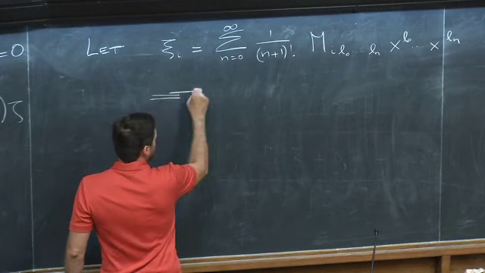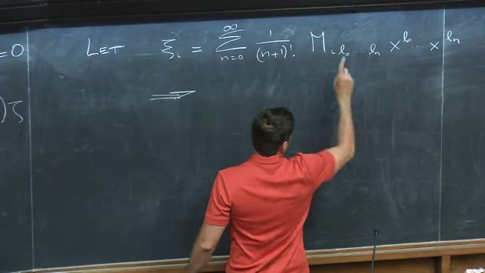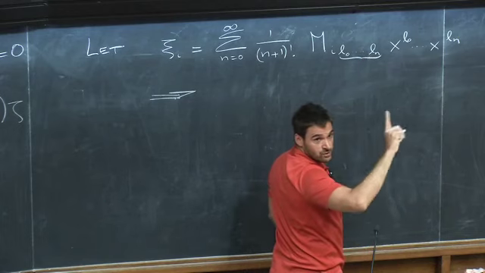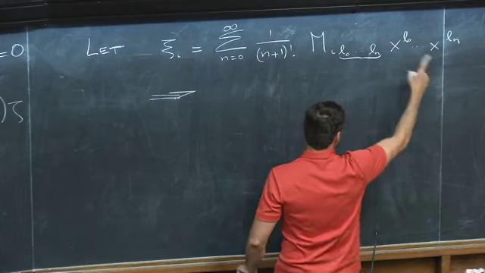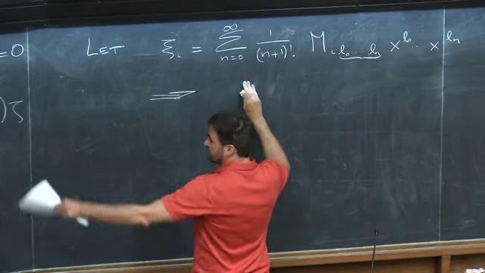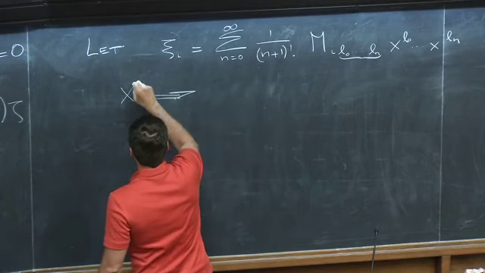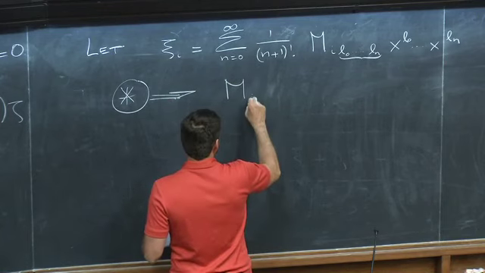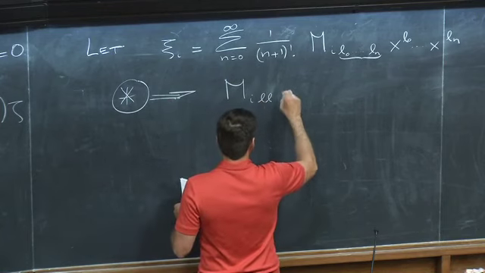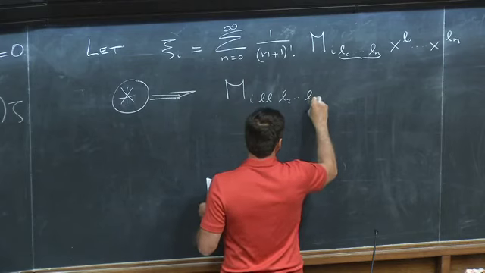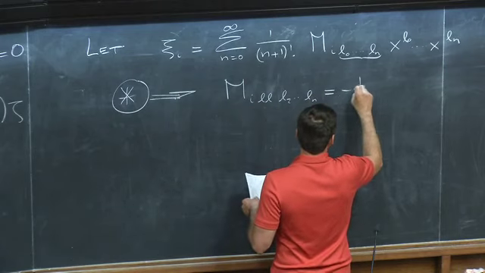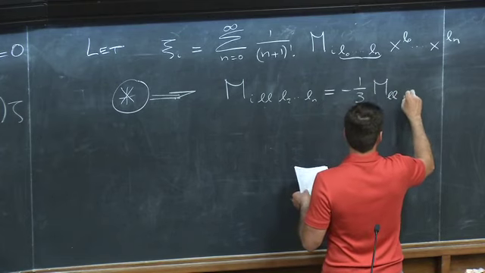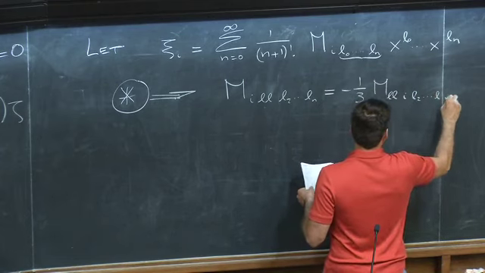So when you work it out, this array m, which of course is already symmetric by construction in its last n plus 1 indices by virtue of the fact that it's multiplied by a bunch of x's. But then by star, you find an extra condition, which is just a trace: m_{i l l l_2 ... l_n} is minus a third m_{l l i l_2 ... l_n}.